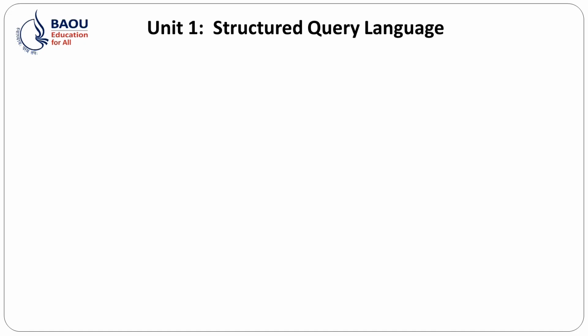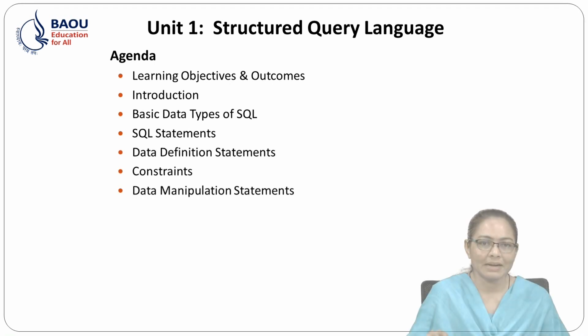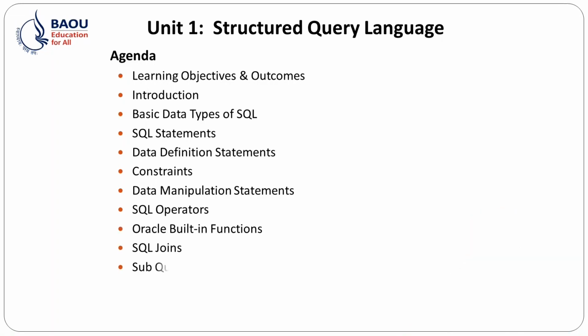First of all, we see the agenda of Unit-1: learning objectives and outcomes, introduction, basic data types of SQL, SQL statements, data definition statements, constraints, data manipulation statements, SQL operators, Oracle built-in functions, SQL joins, SQL queries, SQL views, SQL indexes, and SQL sequences. All these topics are included in SQL.